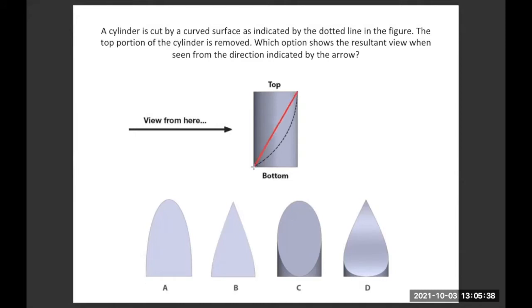Now if you see, there is a red line in that side view of the cylinder, and then there is a dotted line. Both C and D are the views of that. One view is of the red line cutout, and the other view is of the dotted line cutout. Can you tell me now, which view corresponds to what?